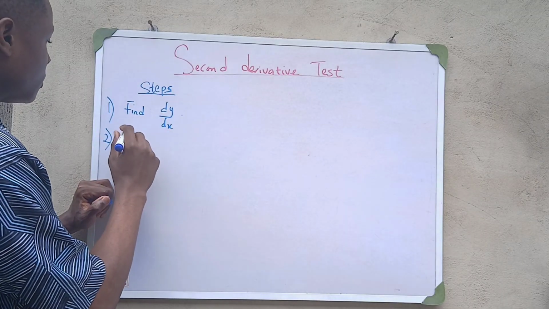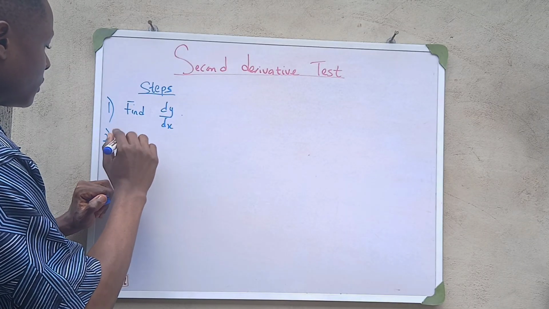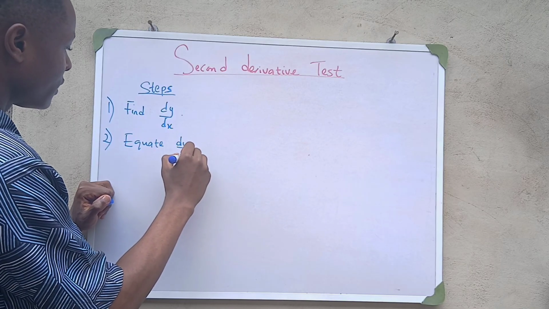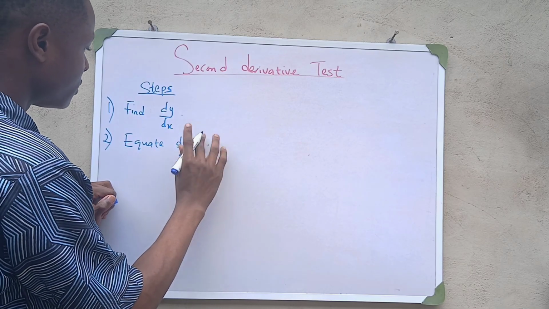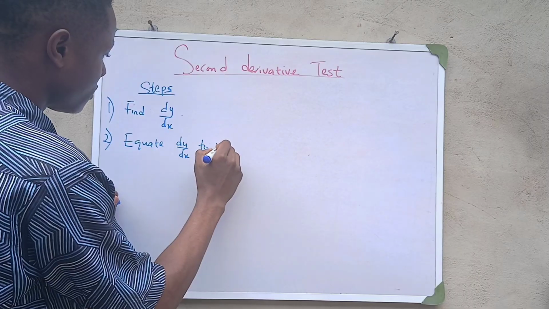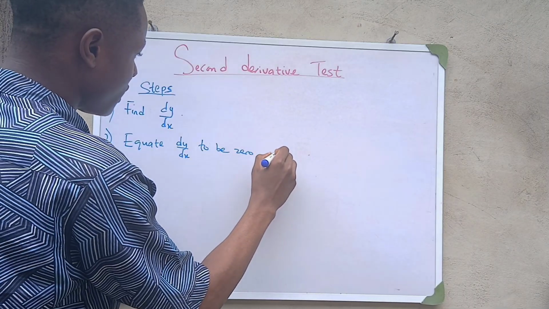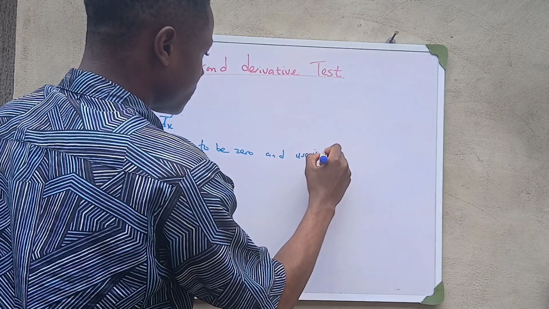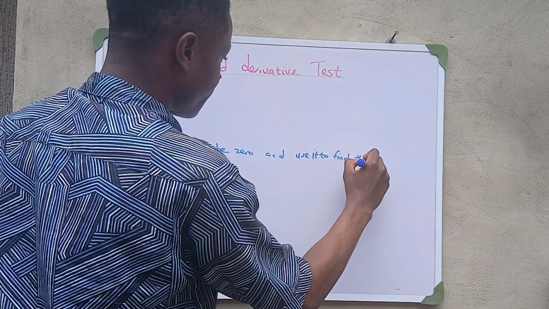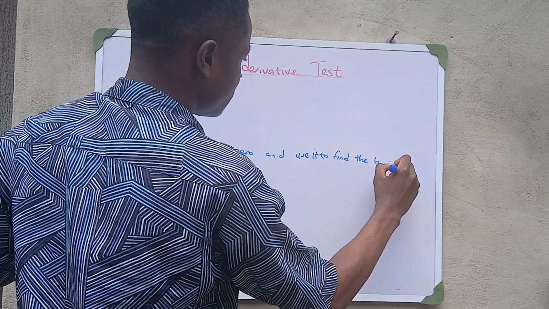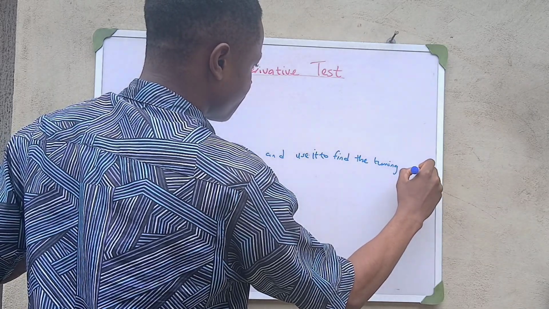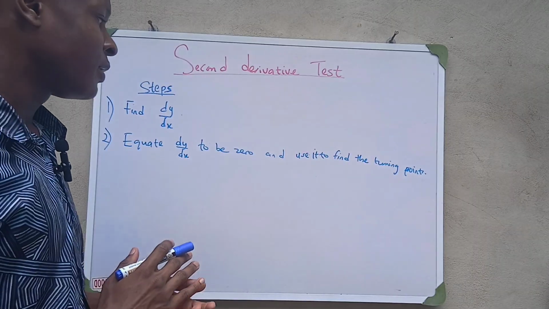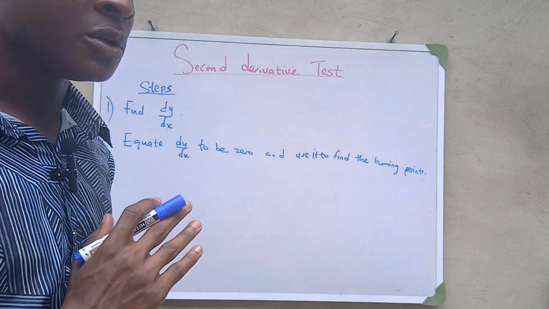Number 2, equate dy/dx to 0 and use it to find the turning point.